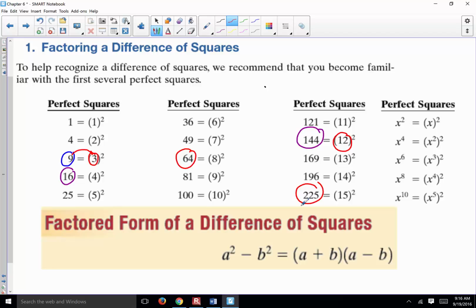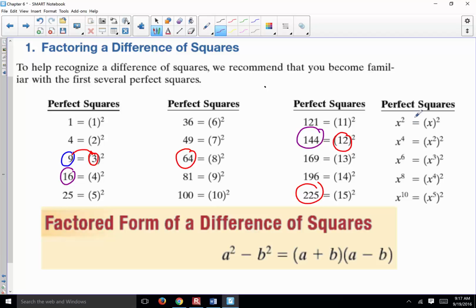So 400 is a perfect square. Are there any missing numbers here? No, right? So 36, 49, 64, 81, 100. I think everybody knows up to 100, but it's better if you know up to 225. 5 more. I think you can do it, but it's okay if you don't.